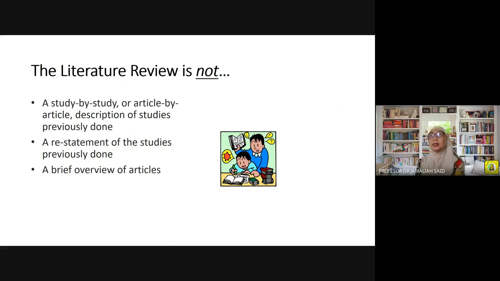From the analysis, they discovered that integrity violation in Iran is very common, or whatever the finding. They just describe the article. Okay, that is one paragraph. Paragraph 2, they describe another article. The same goes for paragraphs 3 and 4. That is article by article. That is not a literature review.